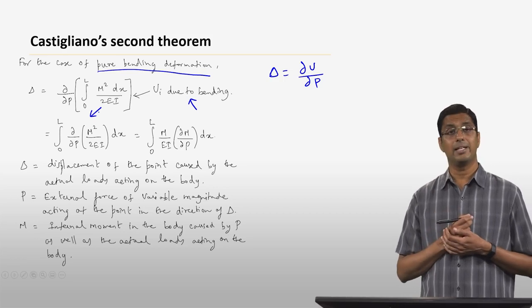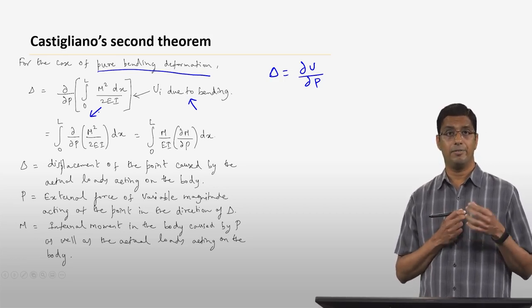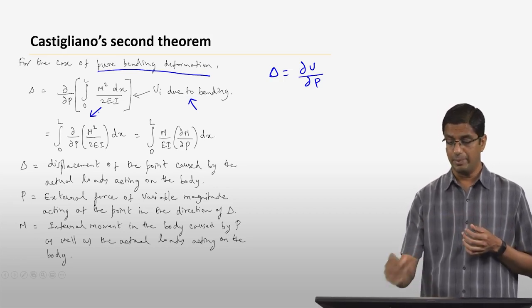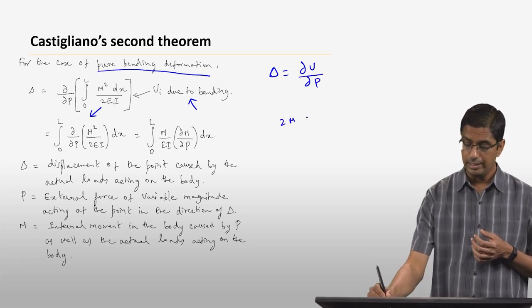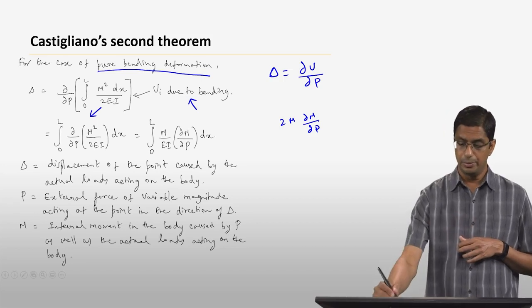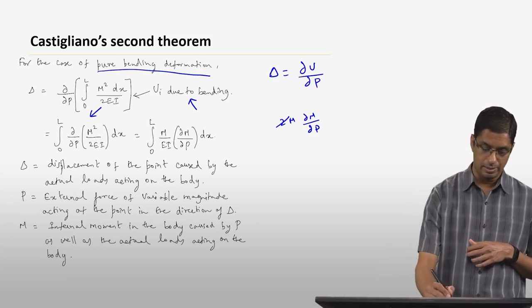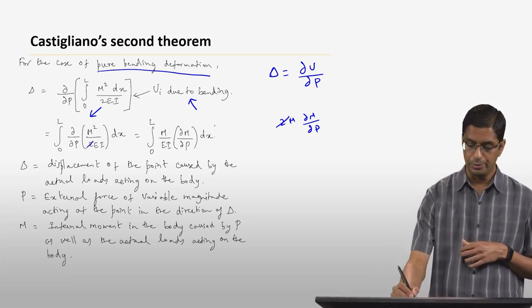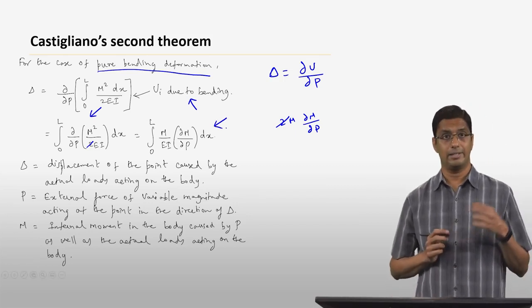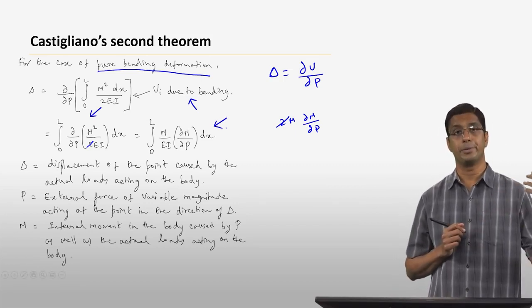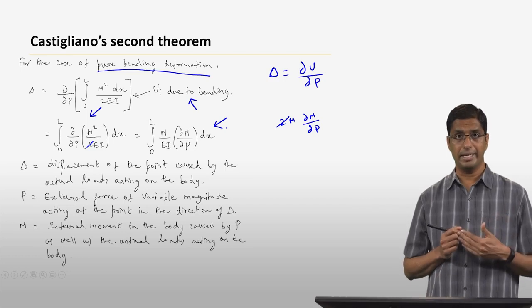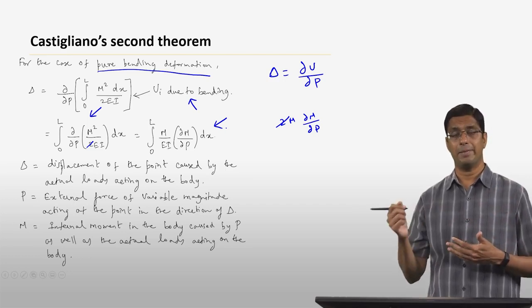Now the derivative of M squared is nothing but 2M del M by del P. So that 2 here and this 2 here cancel off, and you end up with an expression where delta is given by the integral from 0 to L of M over EI times del M over del P times dx.